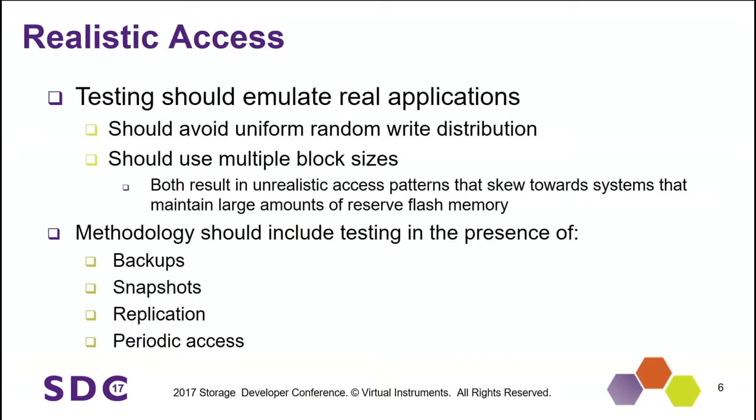They're combining these together, and that changes it. More on that later. So we also want to make sure we test in the presence of the other stuff that goes on: all the enterprise features, backups, snapshots, replication, periodic access like end-of-month processing and quarter processing, whatever that might be, which has vastly different traffic patterns.